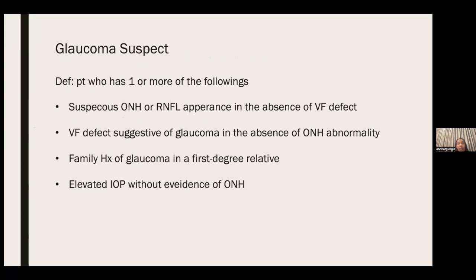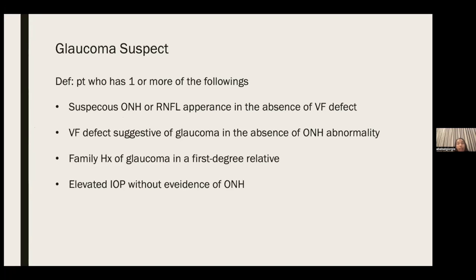Okay, coming to glaucoma suspect, the definition is a patient who has one or more of the following. One is suspicious optic nerve head or retinal nerve fiber layer appearance in the absence of visual field defect. Other is visual field defect suggestive of glaucoma in the absence of optic nerve head abnormality.